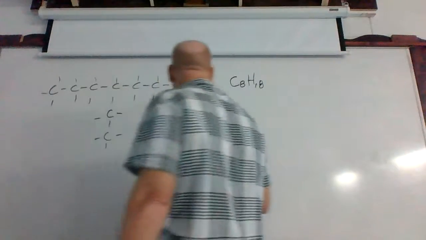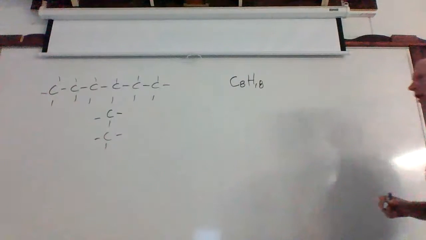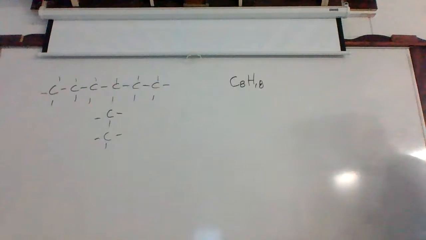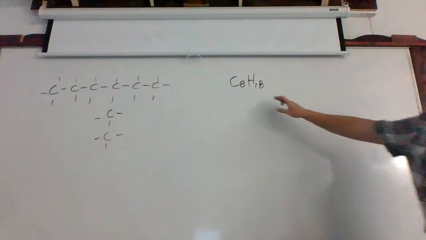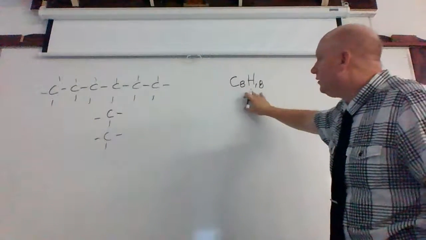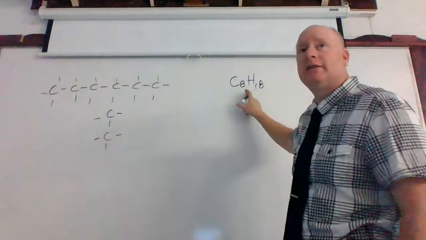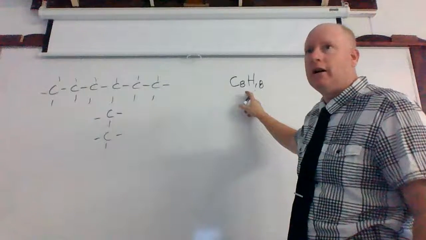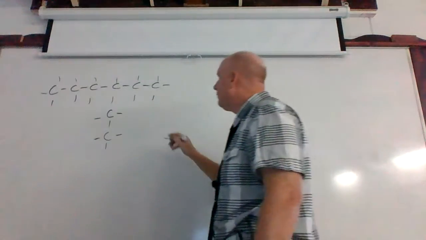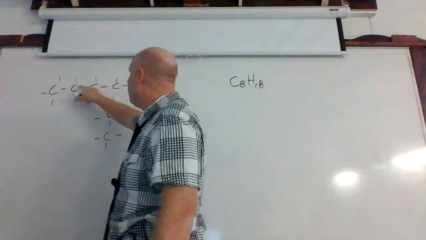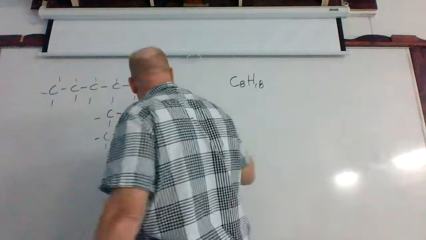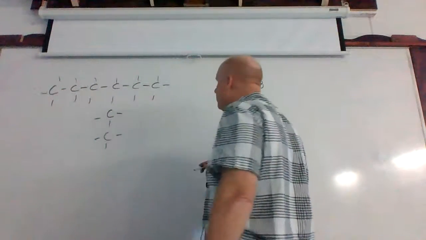Notice that from our first compound, the isomers of octane had this formula. Does this still have a molecular formula the same as this? I bet it does. 1, 2, 3, 4, 5, 6, 7, 8. C8.